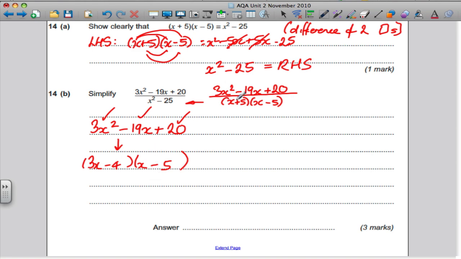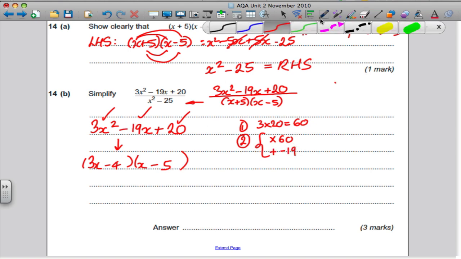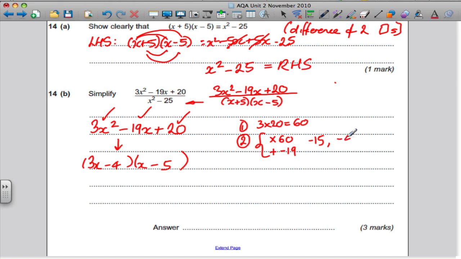So that actually works. Another way of doing it: step 1, you could take that term and multiply it by the third term. So you could do 3 times 20, which is equal to 60. Step 2, you ask yourself the question, what multiplies to give 60 and adds up to give minus 19? And with a bit of thought, you'll think to yourself that negative 15 and negative 4 do the trick for us.